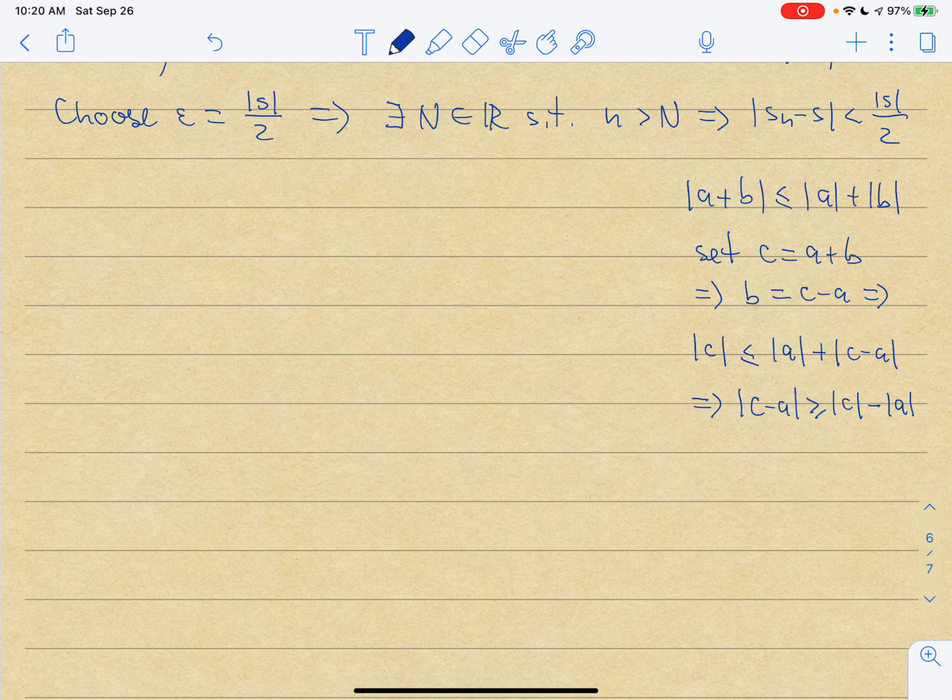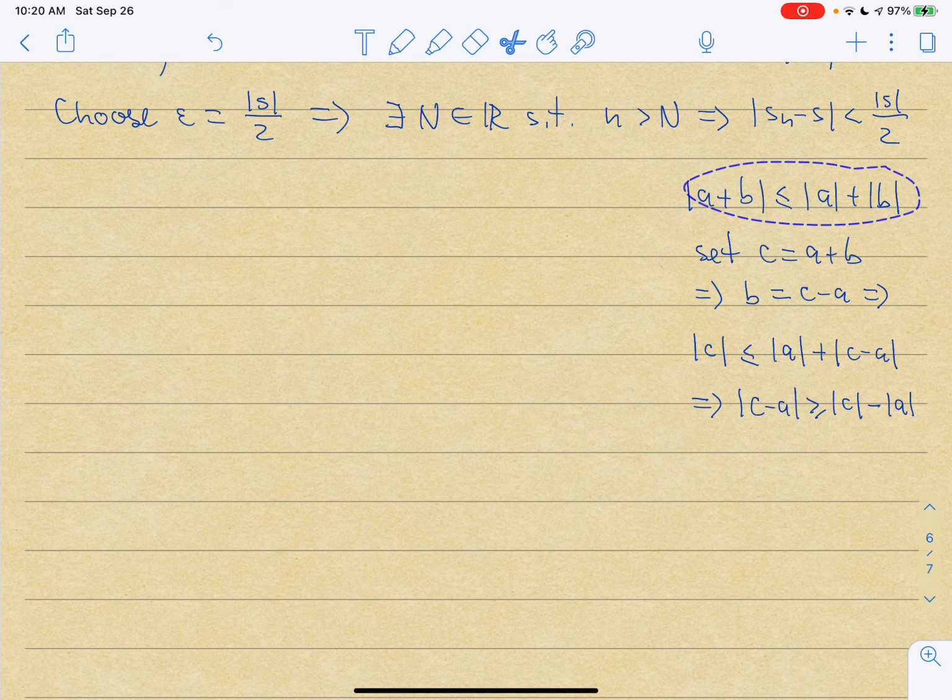With that in mind, and actually one other thing, if I interchange, there is nothing in this case that said that I should express b in terms of c minus a.